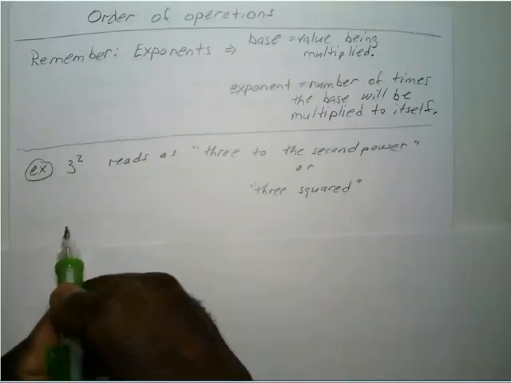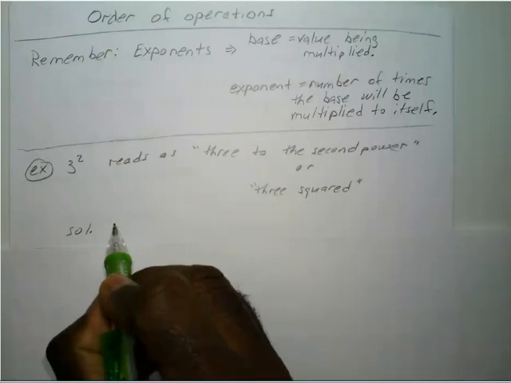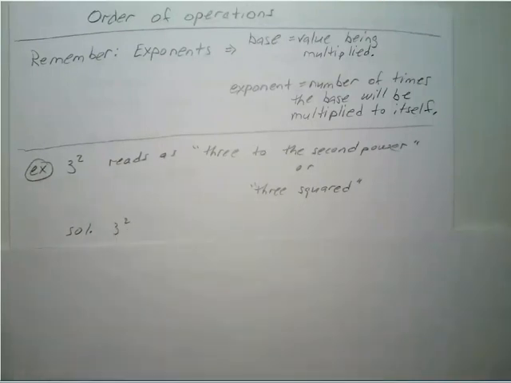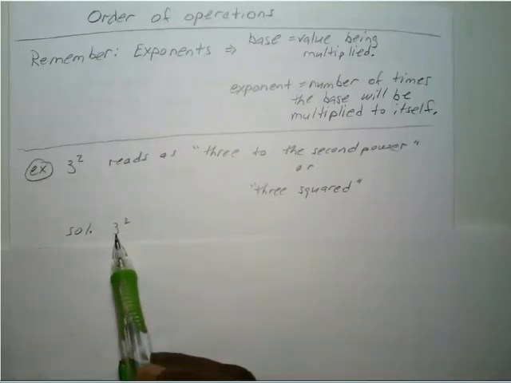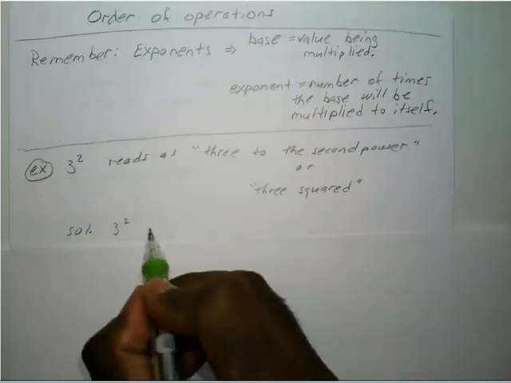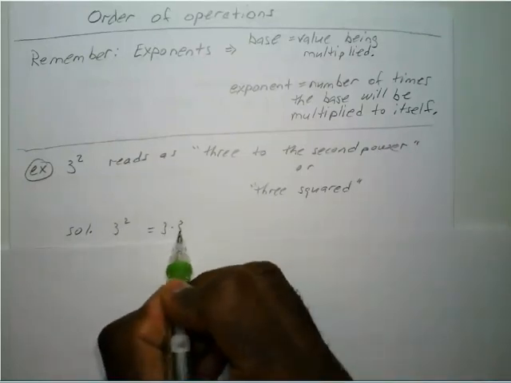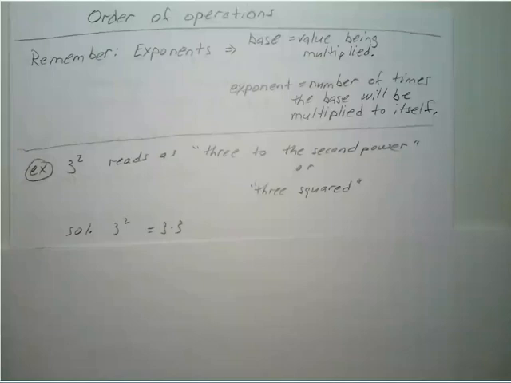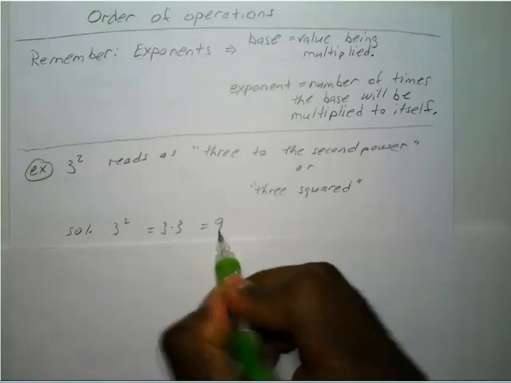Okay, so if we're going to solve this one, 3 squared is just saying that we're going to multiply 3 to itself 2 times. So that's 3 times 3, which is 9.